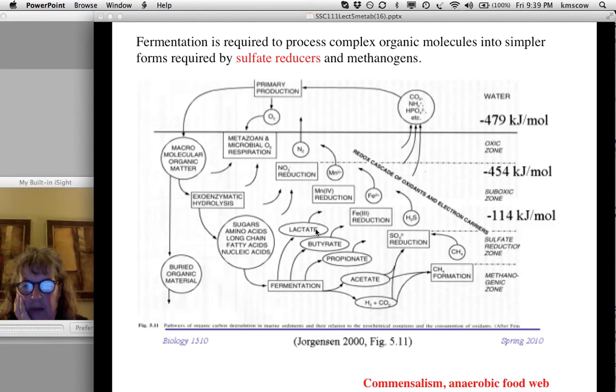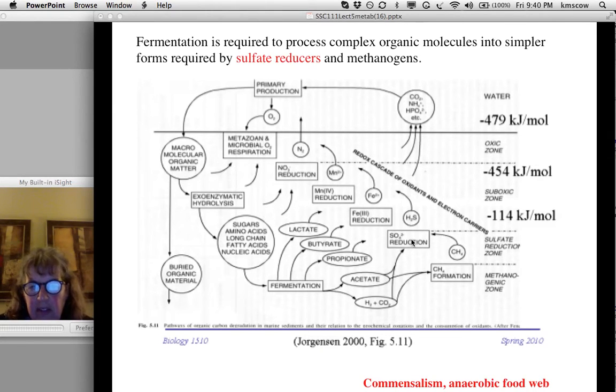But these are also really important for microorganisms to use in nature, and you can see that in particular these organisms that are further down in terms of how favorable their electron acceptors are, how good they are in being able to really make that delta G large, and that delta E, they actually really rely on these breakdown products of fermenters.